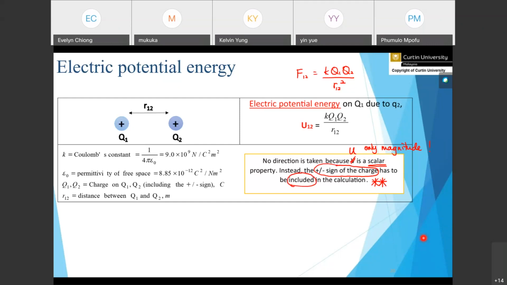Just calculate magnitude. Later on, we add in the positive or negative to represent the direction. But since electric potential energy is a scalar quantity, the positive and the negative sign of the charge has to be included directly in the calculation.